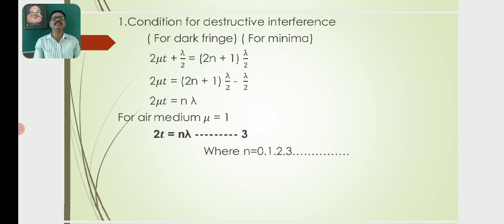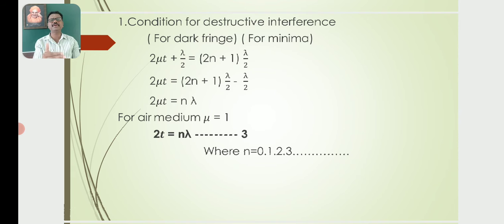Similarly, the condition for destructive interference, for a dark fringe, for minima: 2 mu t plus lambda by 2 is equal to (2n plus 1) lambda by 2. So 2 mu t is equal to (2n plus 1) lambda by 2 minus lambda by 2. After simplification, 2n lambda by 2 plus lambda by 2 minus lambda by 2, where plus lambda by 2 and minus lambda by 2 cancel each other.